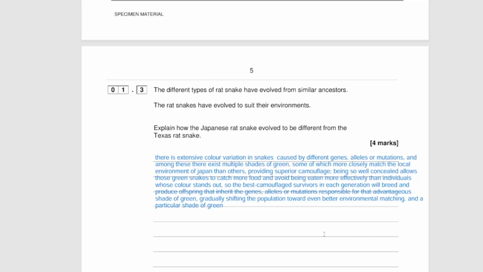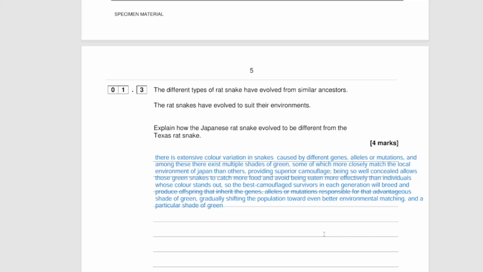And the snakes being so well concealed allows these grass snakes to catch more food and avoid being eaten more effectively than individuals whose colour stands out. This allows the best camouflaged survivors in each generation to breed and produce offspring that will inherit the genes and mutations responsible for the advantageous shade of green, gradually shifting the population towards even better environmental matching and a particular shade of green.